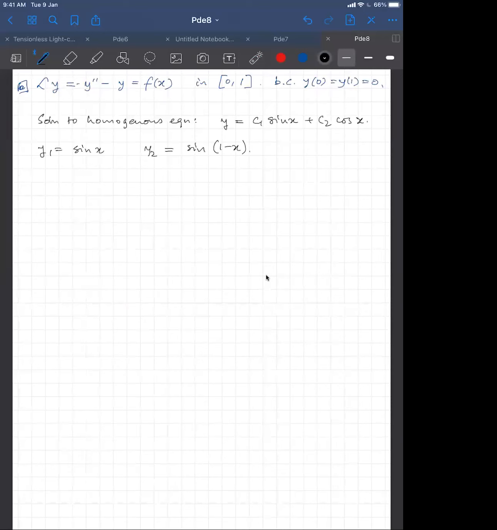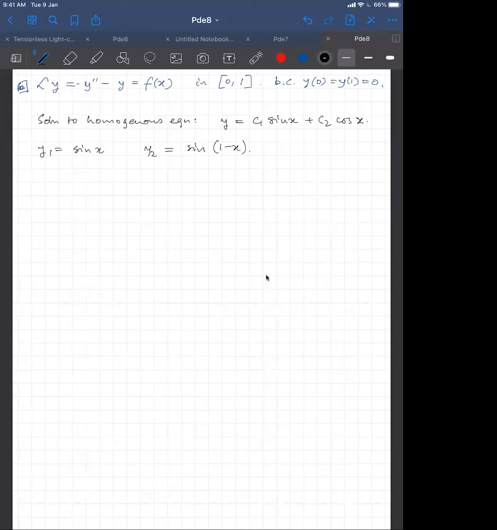So these are homogeneous solutions that satisfy the boundary conditions at x equal to 0 and x equal to 1.